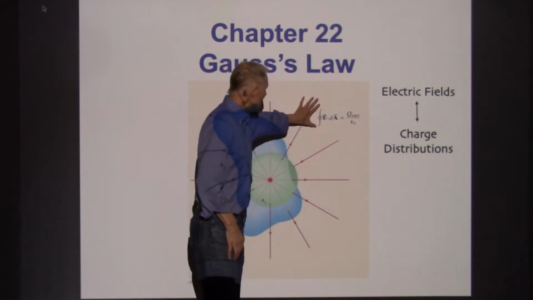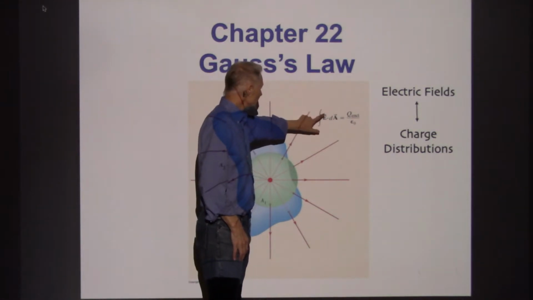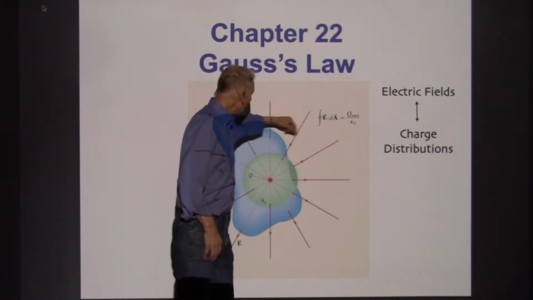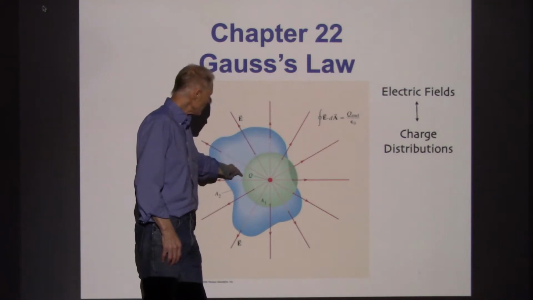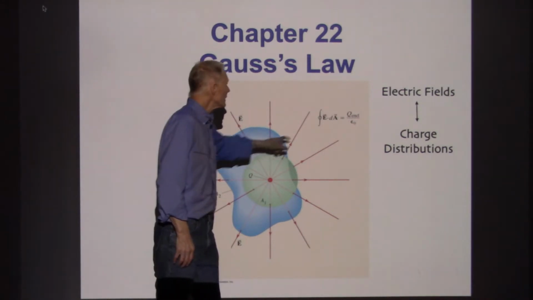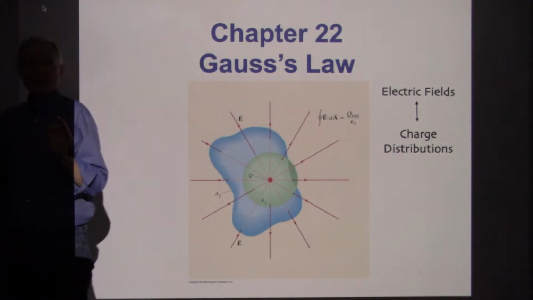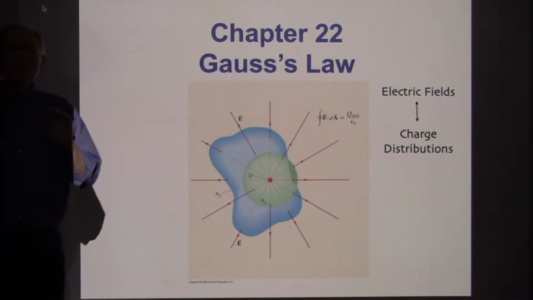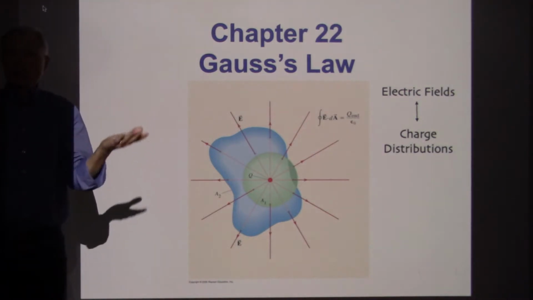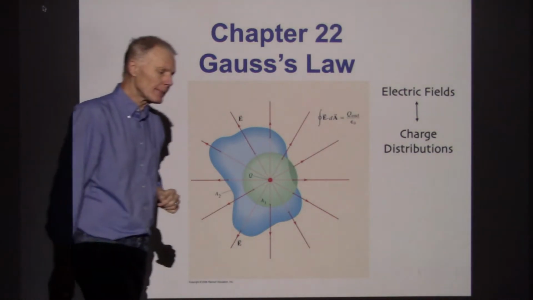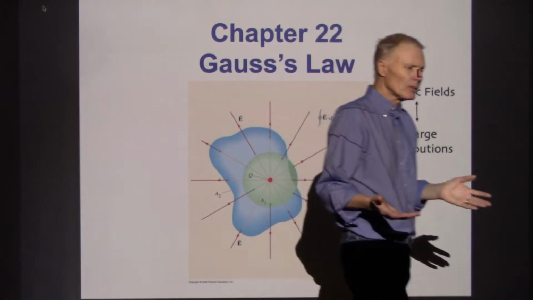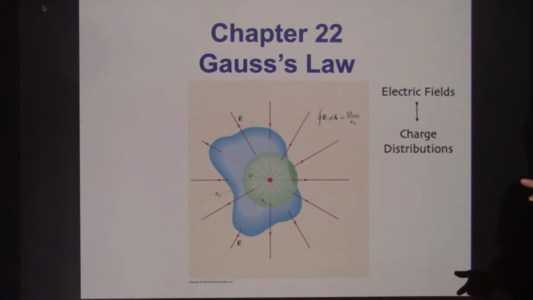So the idea of carrying out this integration is to take the electric field at every location along the surface. Now the surface is being represented by little tiny pieces of area. If it's a spherical surface, then the surface as a whole would have a surface area of 4 pi r squared, right?